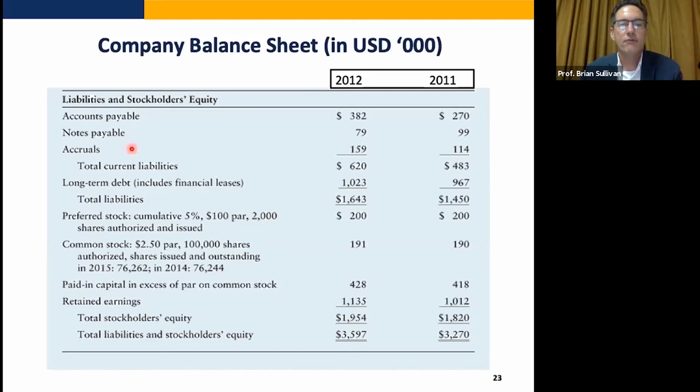So for example, if we pay the worker bi-weekly, say we paid them on December 14, right? December 14's paycheck is for December 1 to December 14. Then we pay them again December 28th. December 28th's paycheck is from the 15th to the 28th.